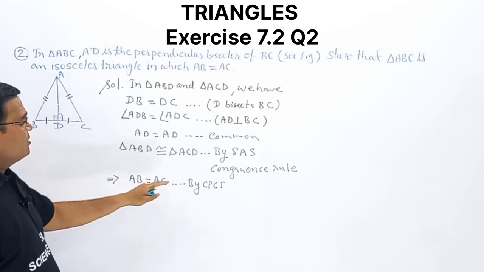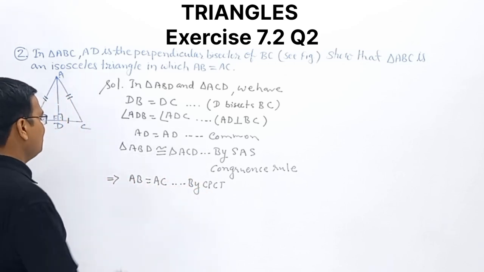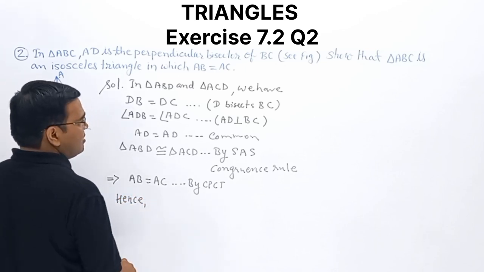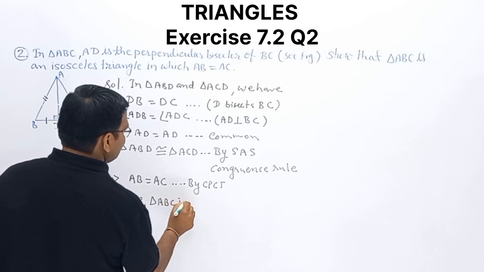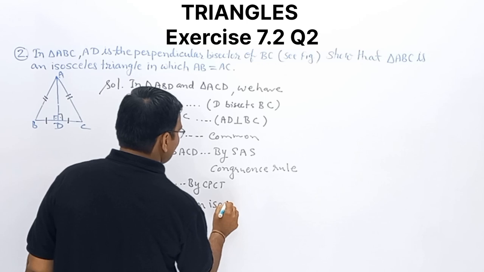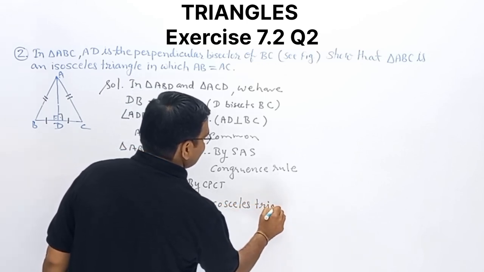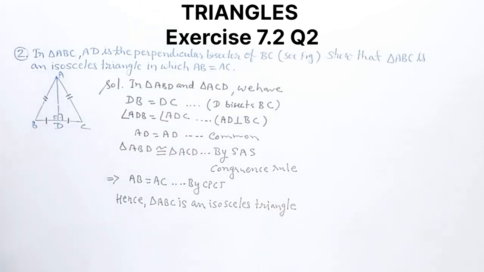So by CPCT we can say AB equals AC. Hence triangle ABC is an isosceles triangle.